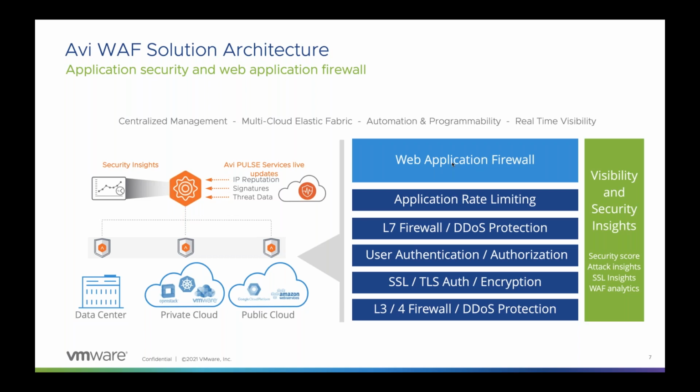So initially, we started with a signature-based OWASP top 10 core rule set approach to WAF, and that was version 1. Today, in addition to that, we also have a bunch of other features, the key being a qualitative security model. So instead of it being a core CRS-based system, we can actually learn the application behavior and then apply that as rules for positive security.